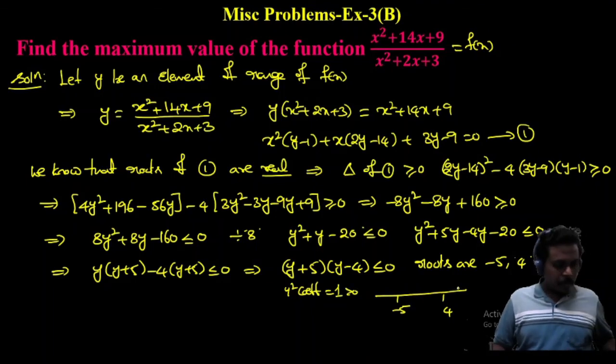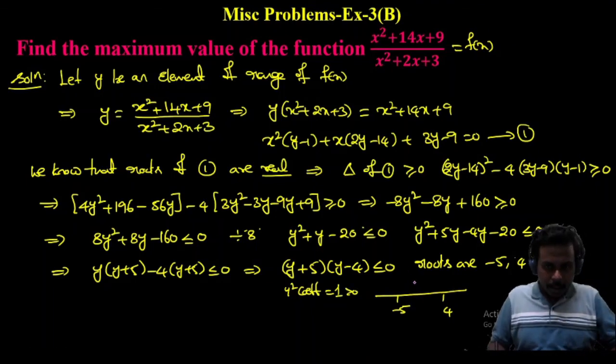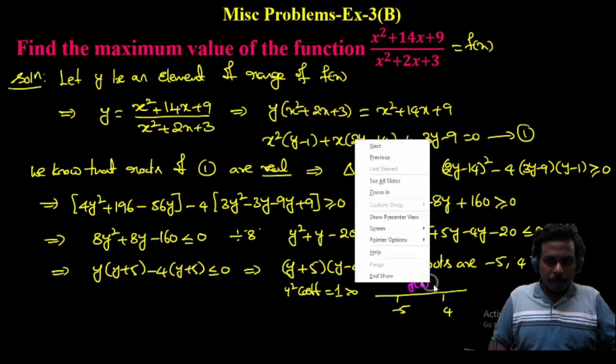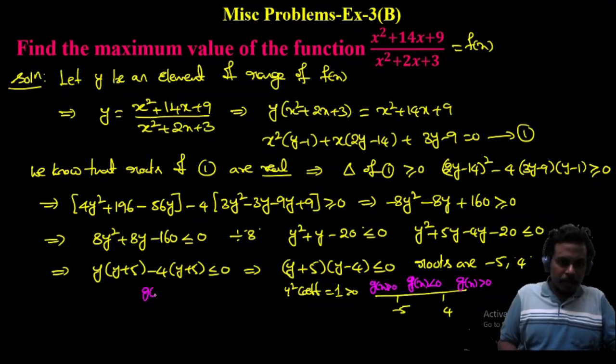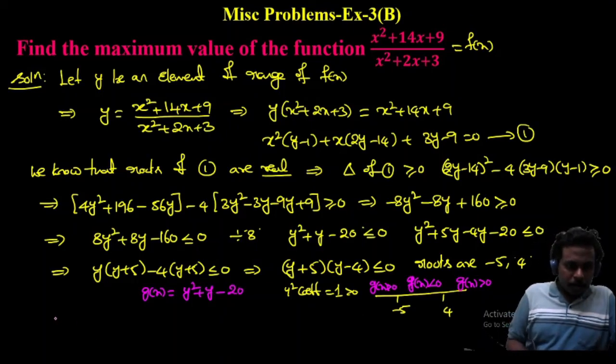So here this g of x is going to be negative between the roots, and g of x will be positive in the outer regions. Here g is this expression y square plus y minus 20.